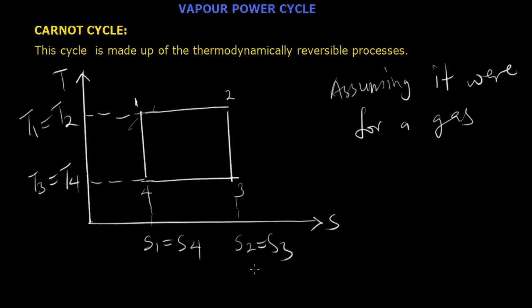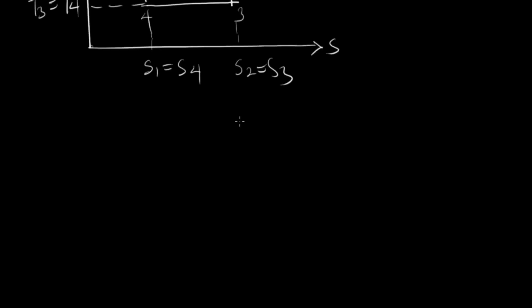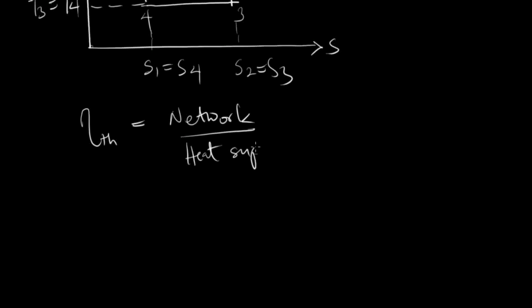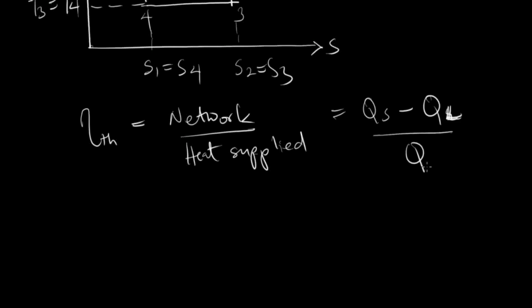Having said this, from the previous video and all that we have done so far, you shouldn't forget the formula for the efficiency of a machine or a system: network over heat supplied, where heat supplied is QS and network is QS minus QL over QS.